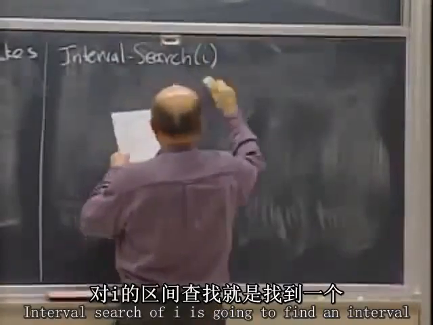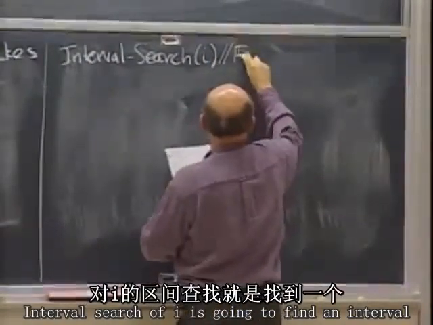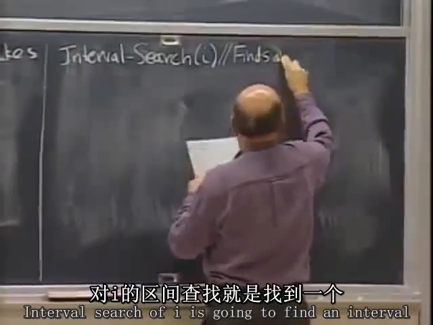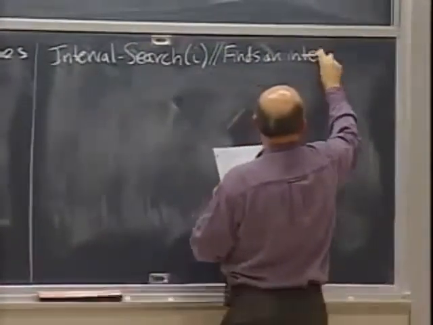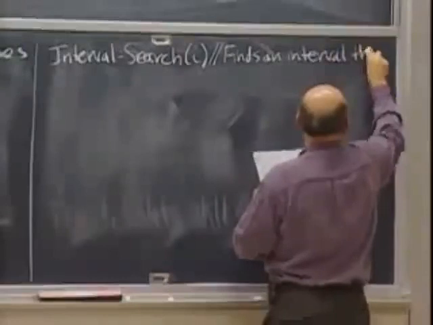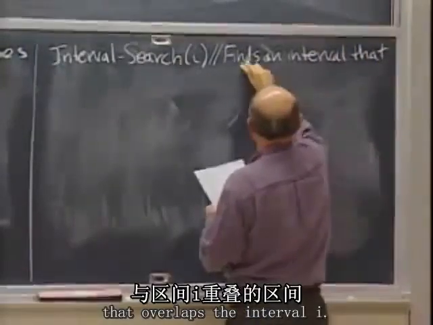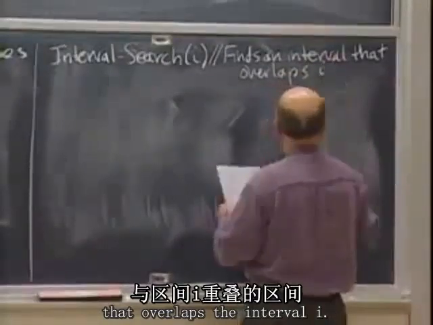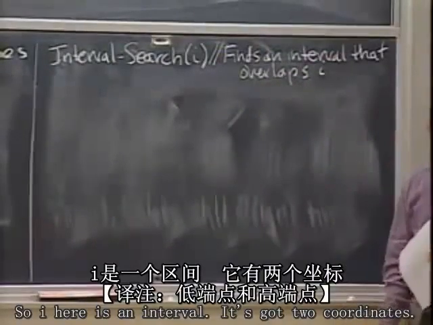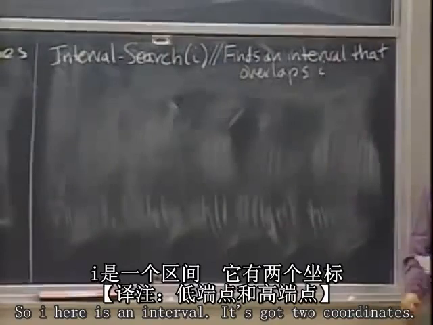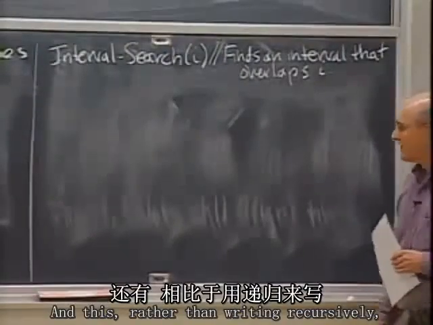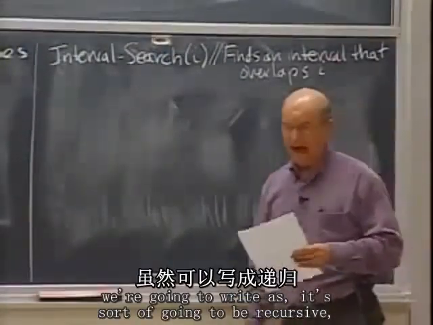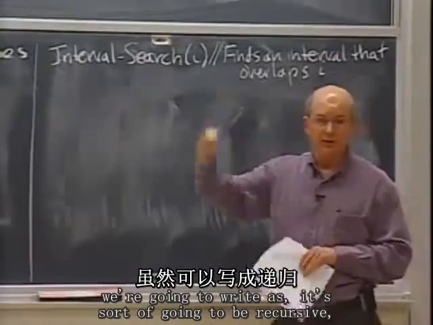So interval search of I is going to find an interval that overlaps the interval I. Here I is an interval, with two coordinates. Rather than writing it recursively, we're going to write it with a while loop.